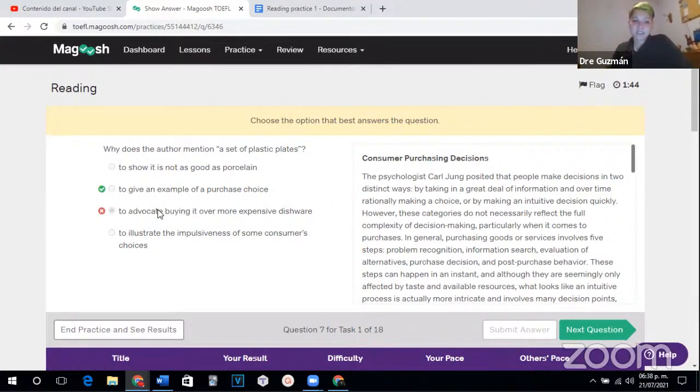So that's the detail. To advocate really means actually defending, and yes, it sounds like that, right? Like it's defending "buy plastic plates because of the economic situation." But more generally, it's trying to give an example. If you're not really sure their intention is to advocate for it, it's better to assume the more general option, which is that it's just giving an example of a purchase choice.